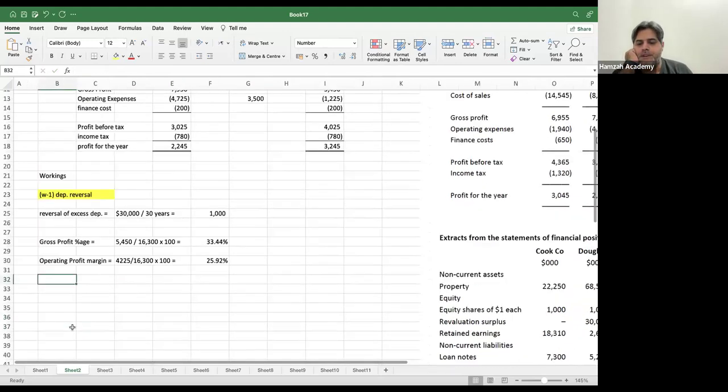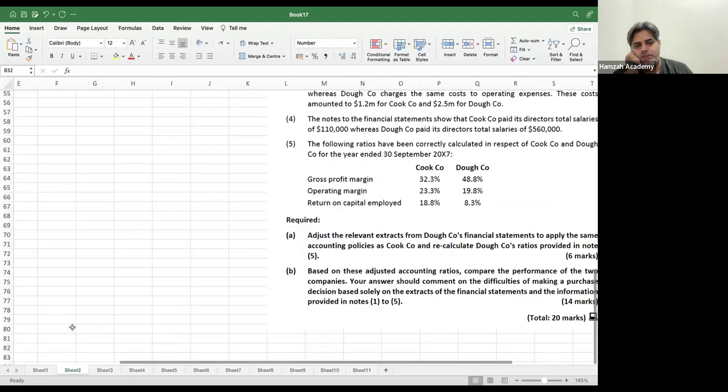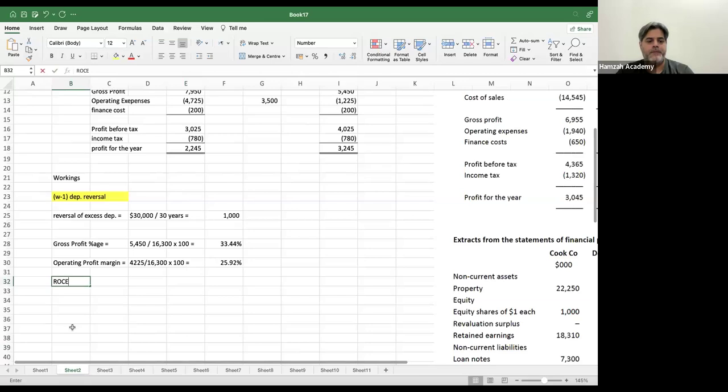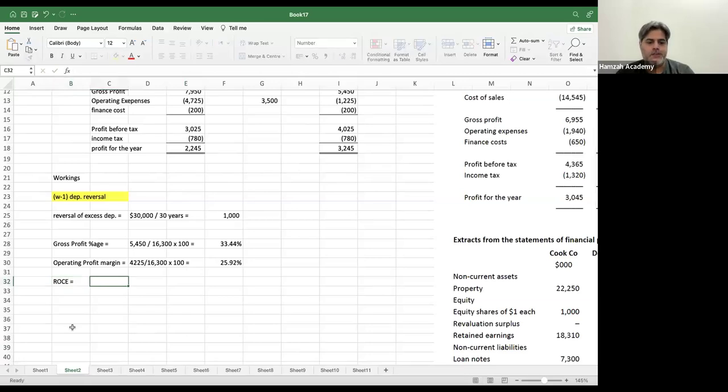Then we have the third ratio, ROCE, return on capital employed. It is going to be the profit before interest and tax divided by the capital employed. So profit before interest and tax in this case is still 4,225, divided by capital employed, which is going to be the equity plus debt.